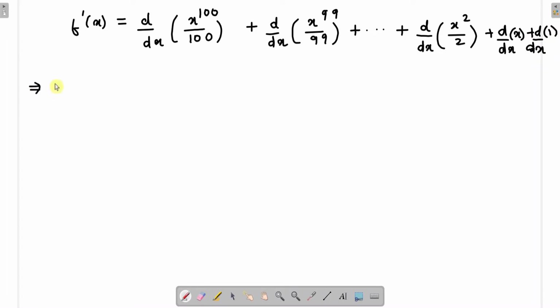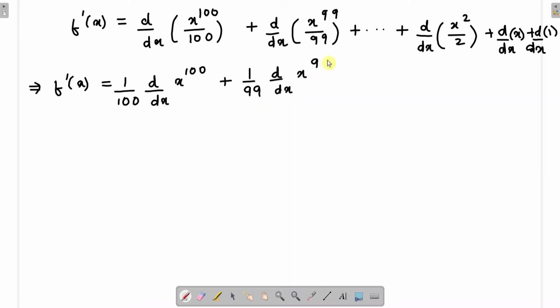So this will imply f prime of x is equal to, now you can see that 1 by 100 here is a constant, so we can take it out of the derivative. So you will get 1 by 100 times the derivative of x raised to 100, now plus again you can see 1 by 99 is a constant, so we can take it out of the derivative. So 1 by 99 times the derivative of x raised to 99 and so on.